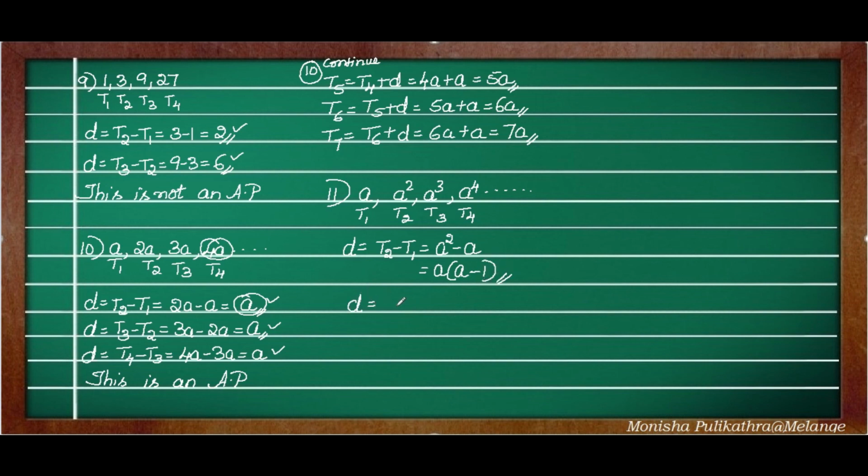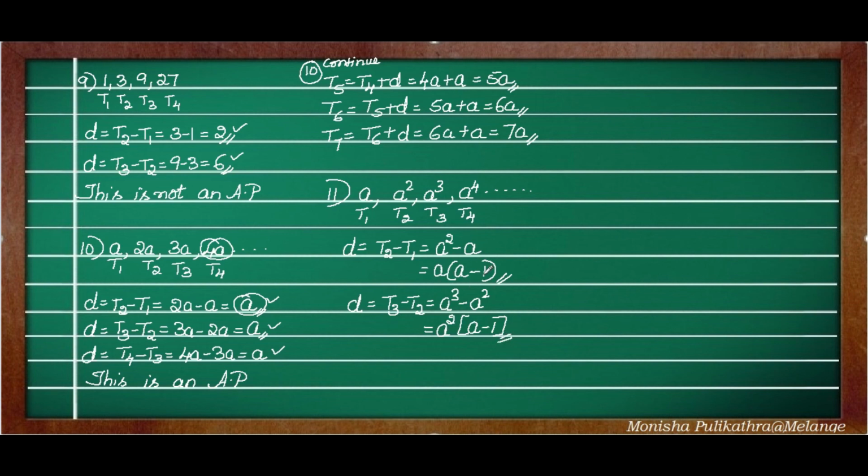So next, D is equal to T3 minus T2. So T3 is A cube minus T2 is A square. Here in A cube there is one more A square, right? So here we need to take A square as common. When we take A square common here, one A will be remaining. So it will be A square into A minus 1.